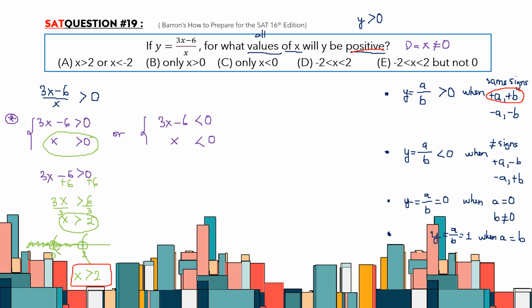Now the next case is when the numerator and the denominator are both negative. Negative means a variable is less than 0.